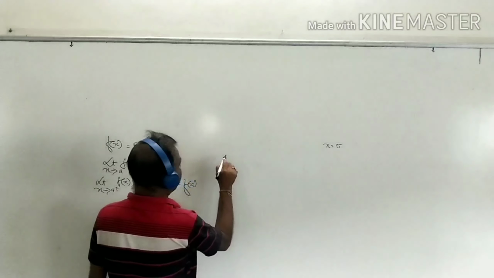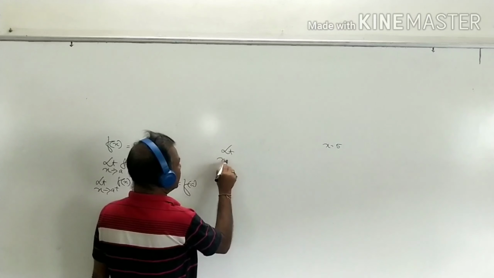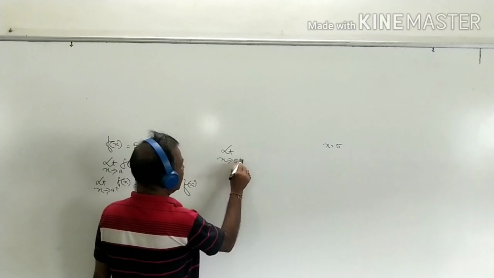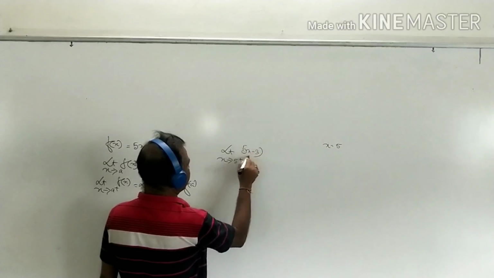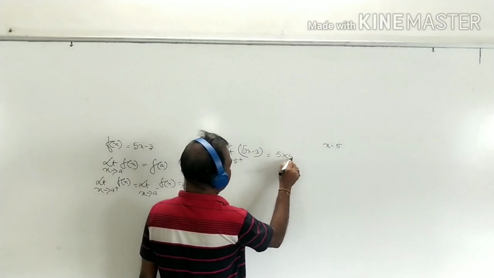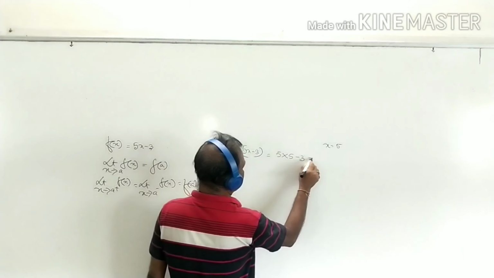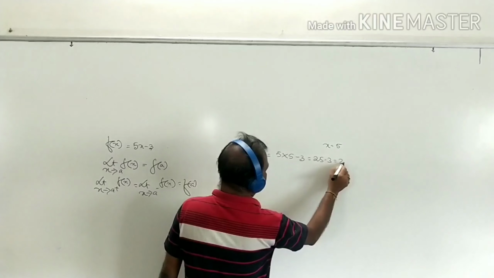At x equal to 5, what will be the limit x tends to 5 plus? For this the same function will be used, 5x minus 3 equal to 5 into 5 minus 3 equal to 25 minus 3 equal to 22.